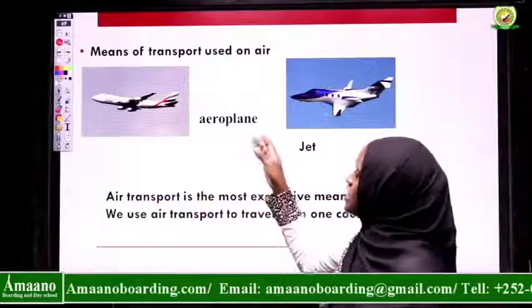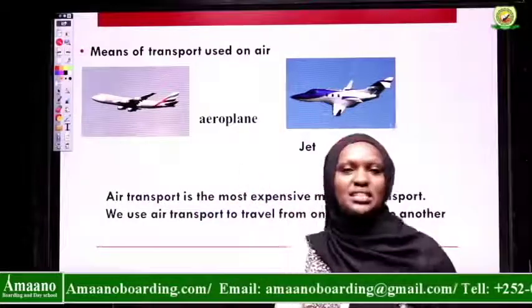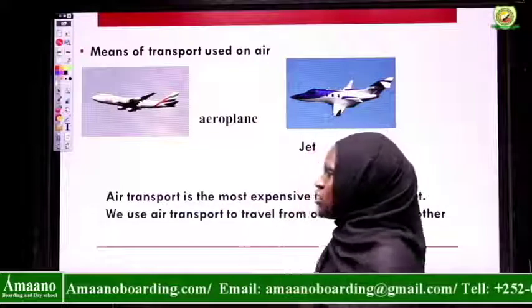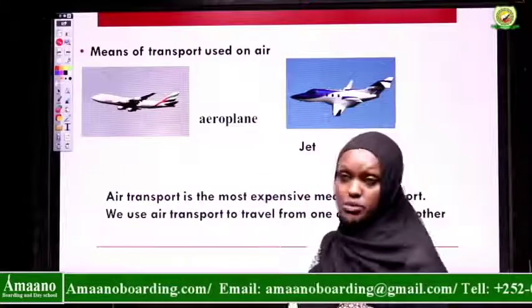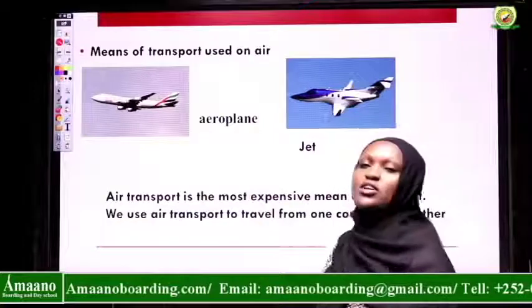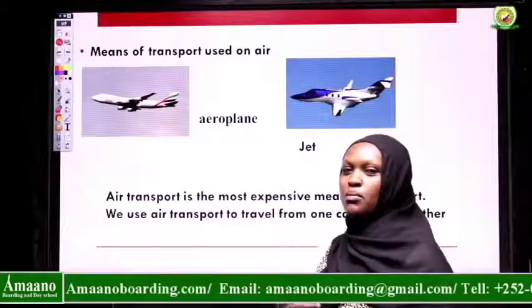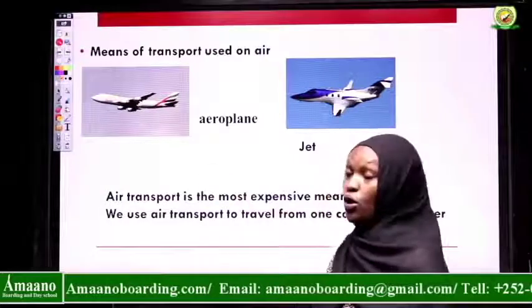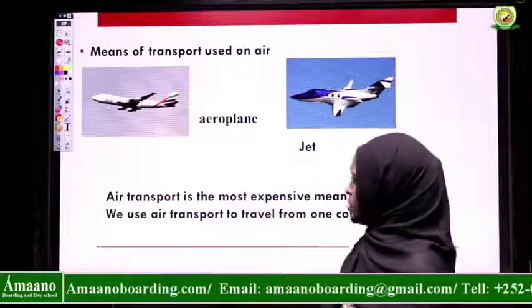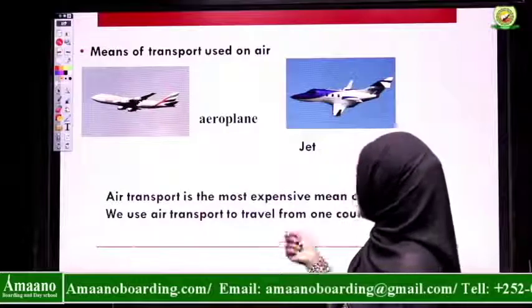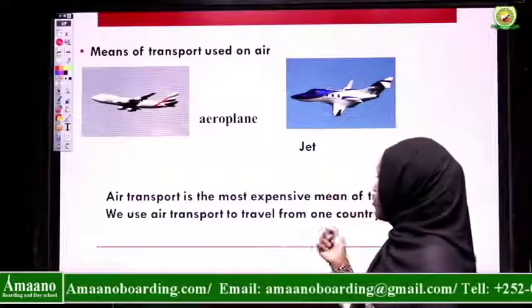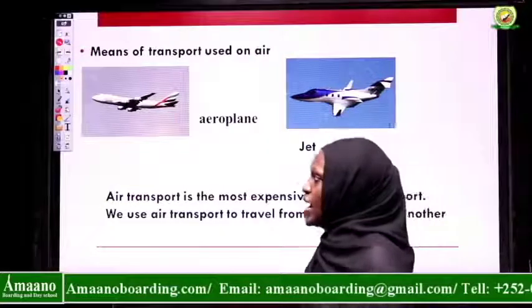The means of transport used in the air is the most expensive one, because you have to book it. It is also the fastest means of transport. We use air transport to travel from one country to another.